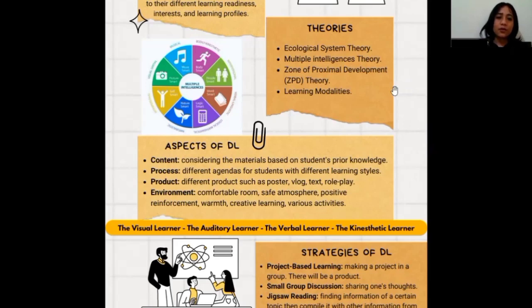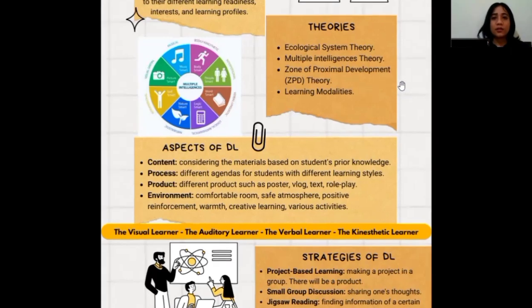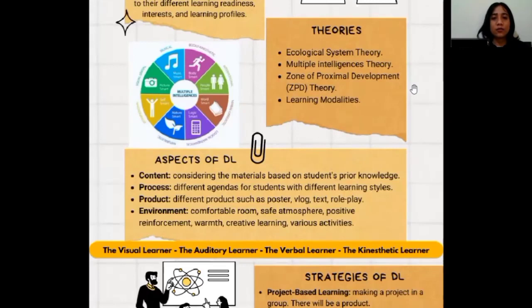The teacher can also make groups in the learning process. The group should contain a minimum of 2 or 3 capable students, so they can help the other students.